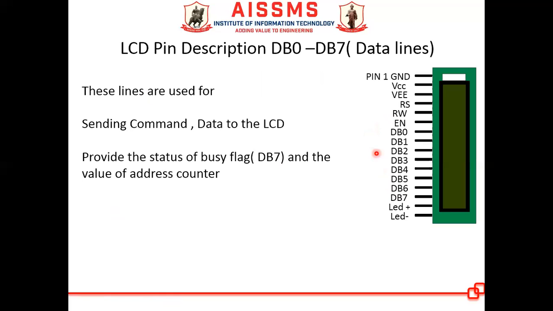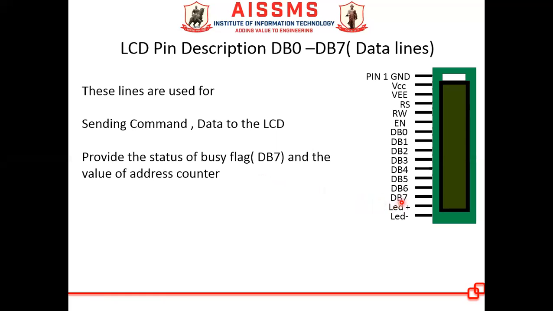DB0 to DB7 are the data lines which are used for sending the ASCII value of the character that you want to display on the LCD. And these lines are also used for reading data from the LCD. The DB7 bit will provide the status of the busy flag.